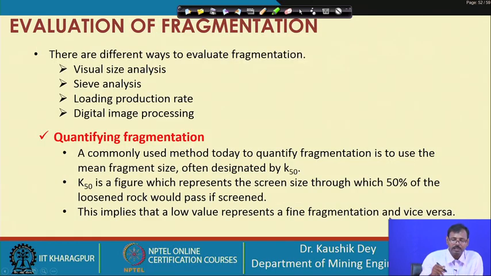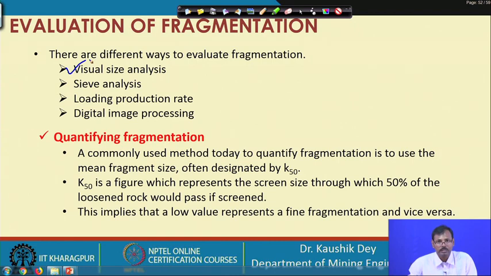So, this measurement of fragmentation can be carried out visually, which I have already discussed. An experienced person can tell this fragmentation is good by observing the fragment size from the top.